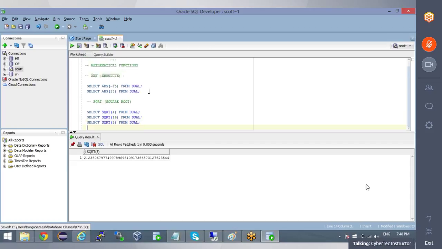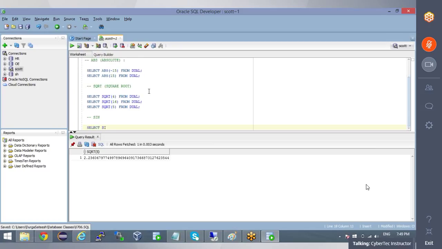Alright. Okay, likewise you have different functions like sine. You might have studied this in the time of your school days, like learning the mathematics. Sine, tan, cos, all these are your trigonometry related functions. Okay, so what does this particular function do? This function will calculate the sine value of a particular number.